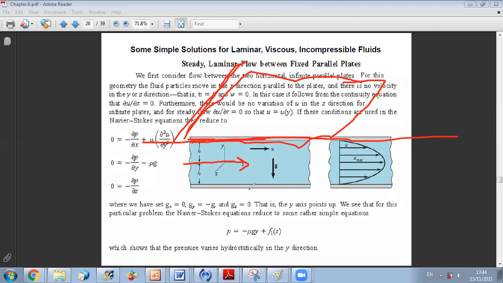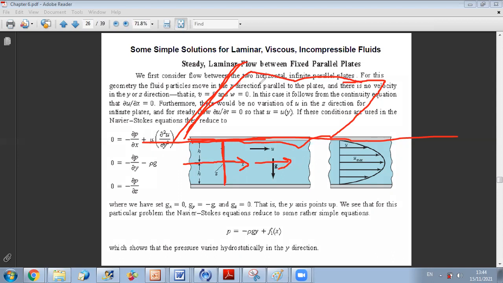So the flow will only be constrained along the y direction, okay? And as we mentioned, the velocity will be only along x in this case. So your flow will move along the x direction.